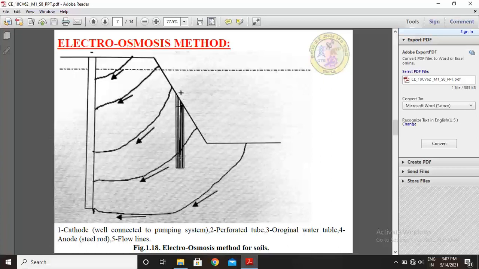And this third one is the original water table. And this is steel rods, that is called anodes. And these are the flow lines.